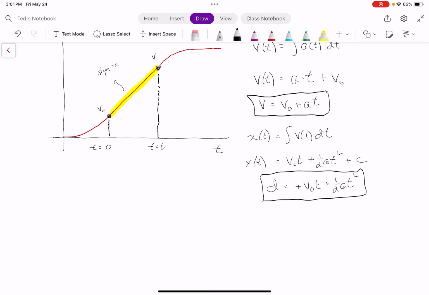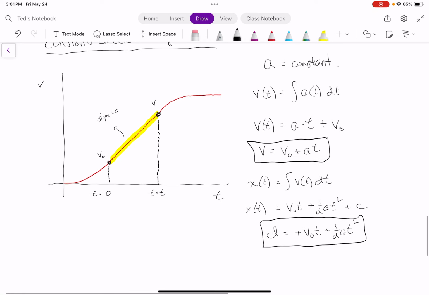Okay, and that's using calculus to derive those two equations, but I also would like to do it just looking at the graph. So if I look at this graph, if I want to know the displacement, what we learned in previous videos is that displacement is the area under the curve. So if I break this up into a rectangle, this rectangle has an area of v0 times t.